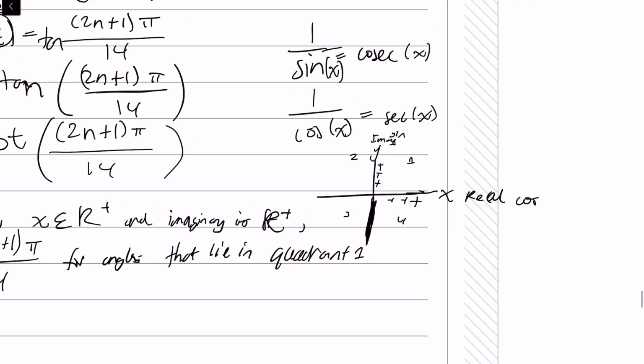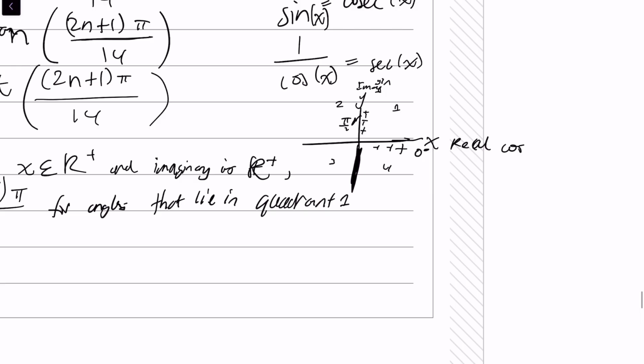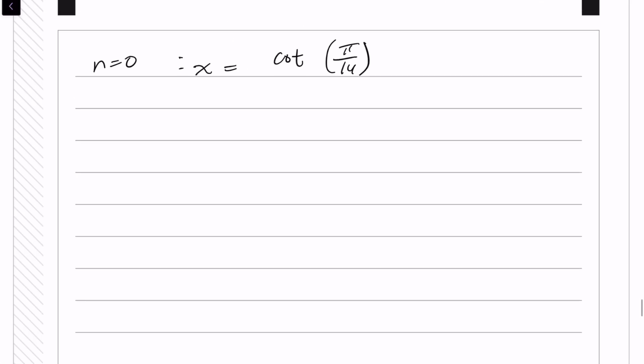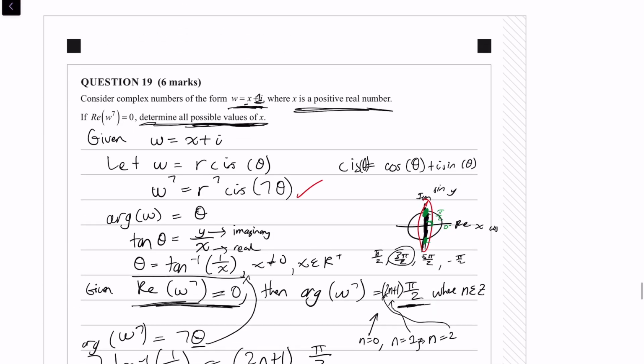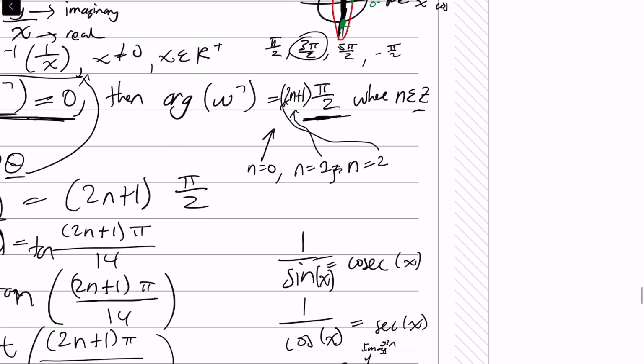And I know that pi over 14 is going to be in my first quadrant, so I know my boundaries is going to be an angle from 0 to pi over 2, or radians in a way. Then I just keep going with my positive integers because I've made n a subset of integers.